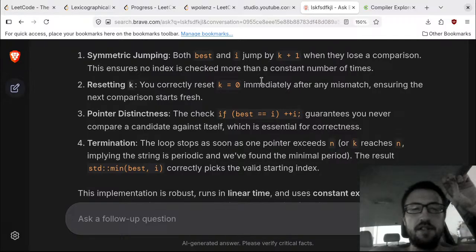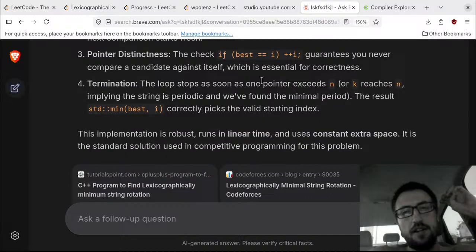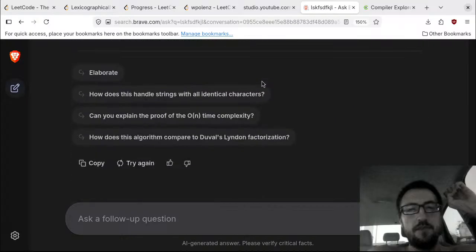Pointer distinctness: the check guarantees you never compare a candidate against itself, which is essential for correctness. Termination: the loop stops as soon as one pointer exceeds n or K reaches n, implying the string is periodic and you found the minimal period. The result correctly picks the valid starting index. This implementation is robust, runs in linear time, and uses constant extra space, as the standard solution used in competitive programming for this problem.